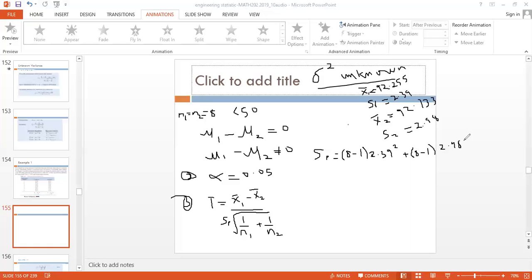Please do the calculation for the numerator so that we don't waste time.